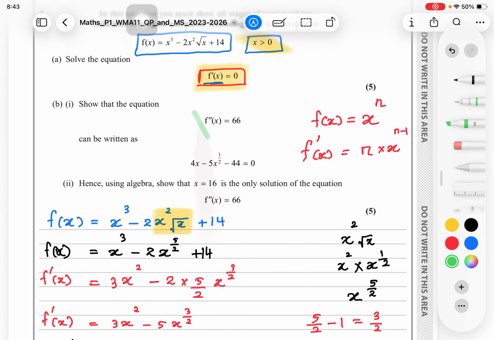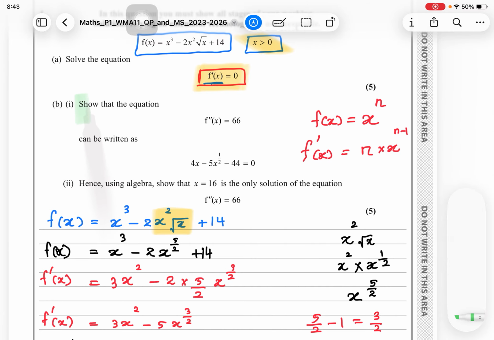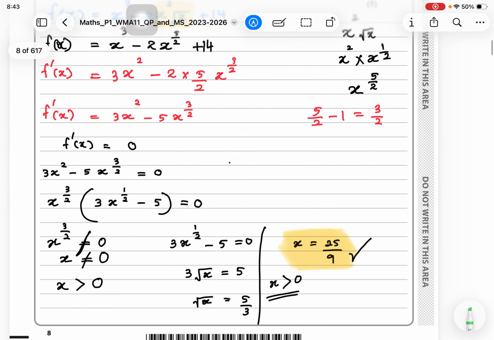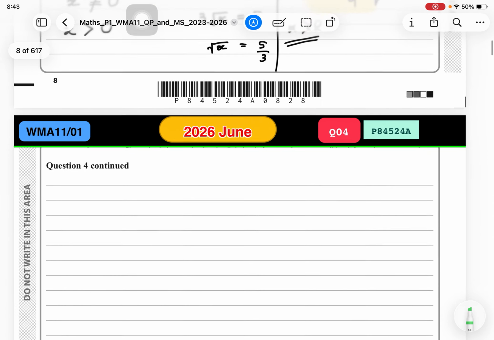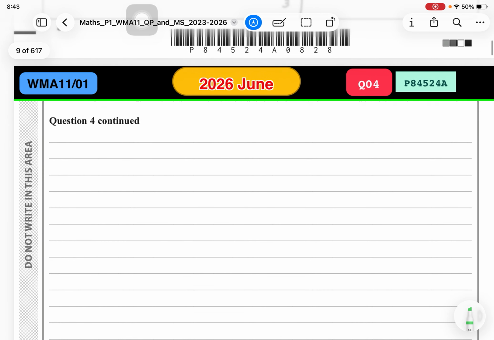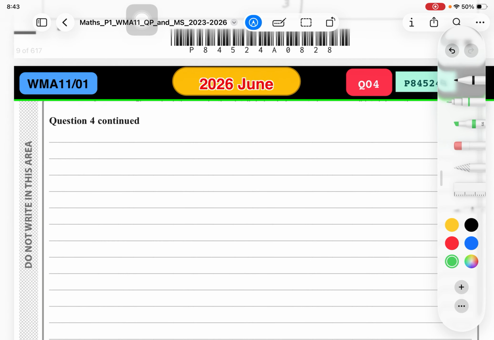In B, they are telling us to show that f''(x) is 66. Now we have to go for differentiating again. Let me go to the next page and grab the information that we have by now.